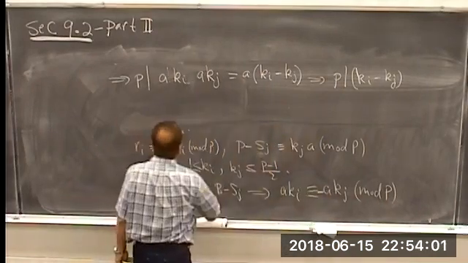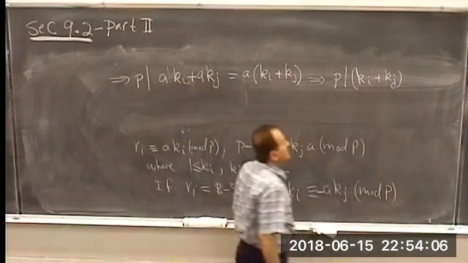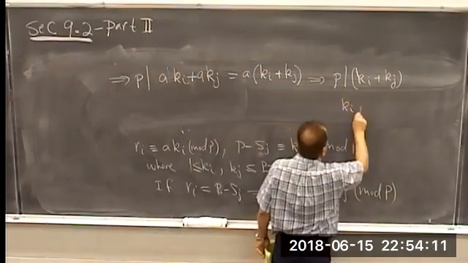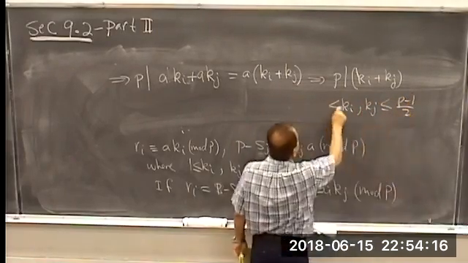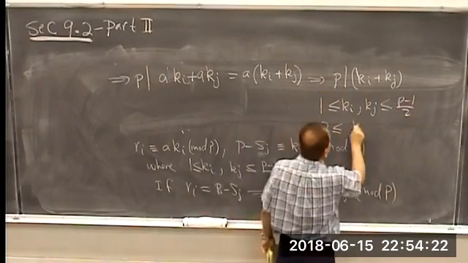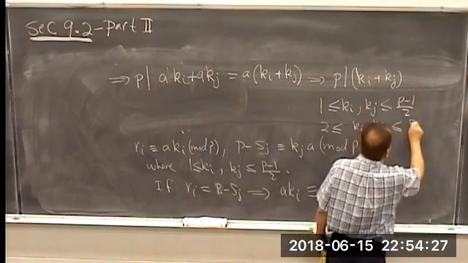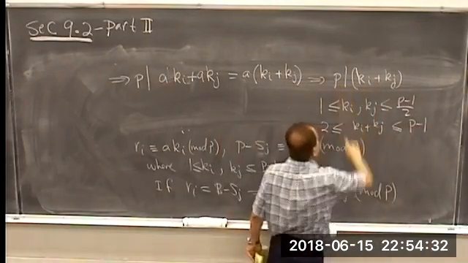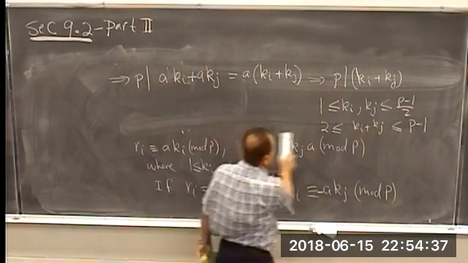We get these to be positive, positive. Remember, the k sub i and k sub j are between 1 and (p minus 1) over 2. So when we add them up, we come up with k sub i plus k sub j, which is less than or equal to p minus 1. So you cannot have this be larger than p when the sum is smaller than p minus 1.